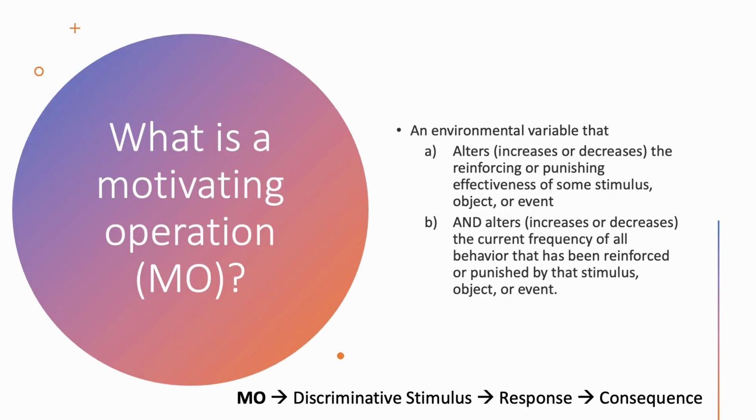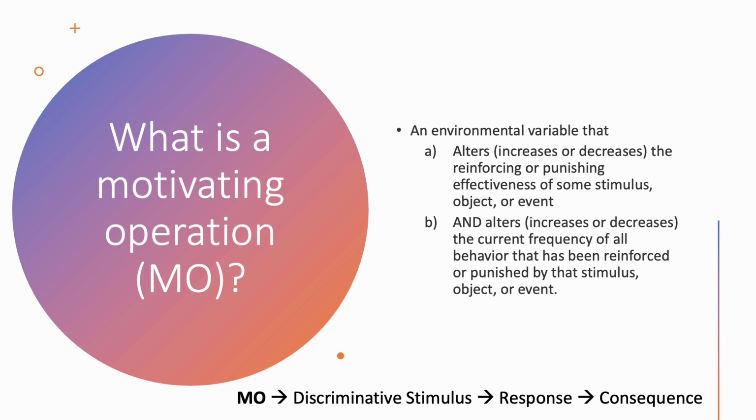So now that you've heard me mention motivating operations, or MO, a few times, let's look at the definition for what an MO is, and let's look at the breakdown in the next few slides for the different components that make up a motivating operation. Okay, so a motivating operation is an environmental variable that does 2 things.